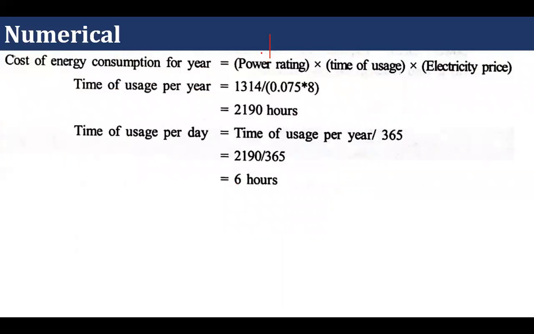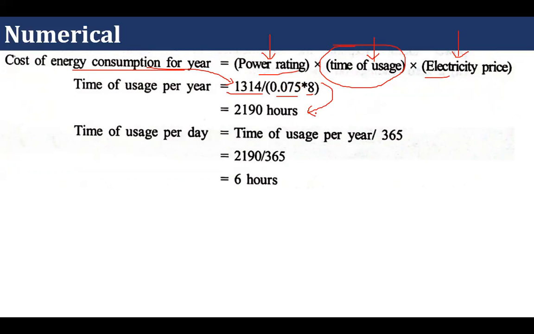Power rating we know, time of usage we need to find out, electricity price we know. So I will divide 1314, that is the cost within a year, by electricity price and its kilowatt rating. Both will be multiplied, and so it is giving 2190.